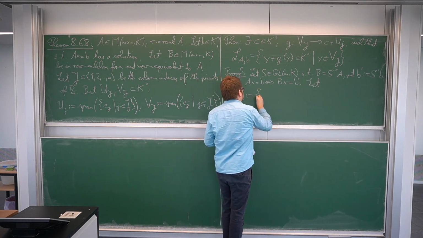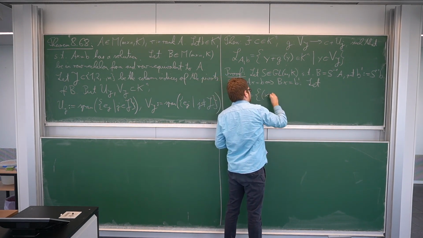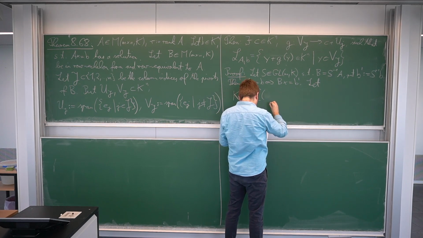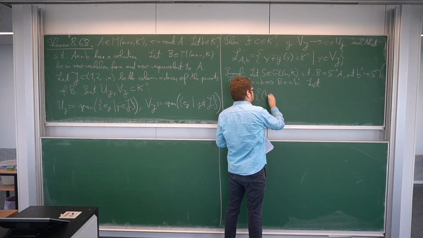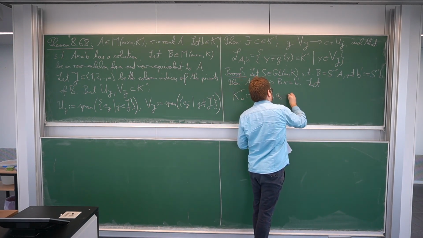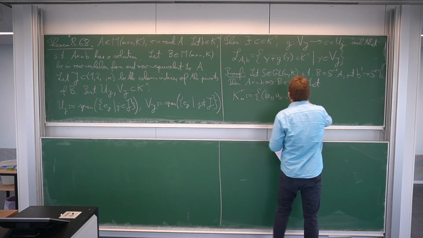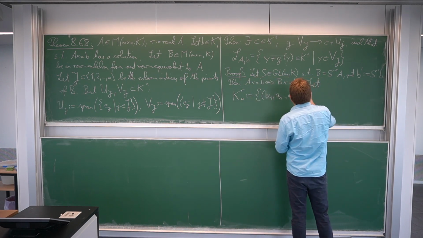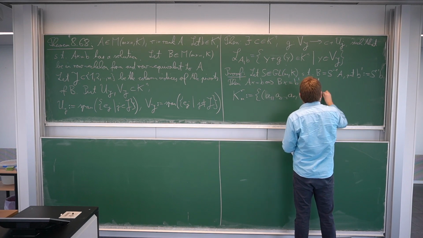I define this as the set of all, X is a bad notation at this point, maybe, B is also bad, let's say A1, A2, and so on to AR. And so the first R entries can be anything, and the rest is just 0.